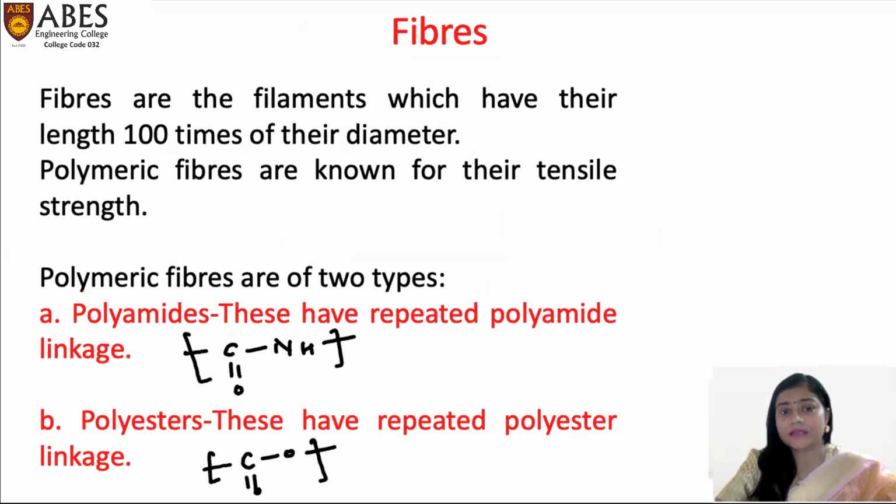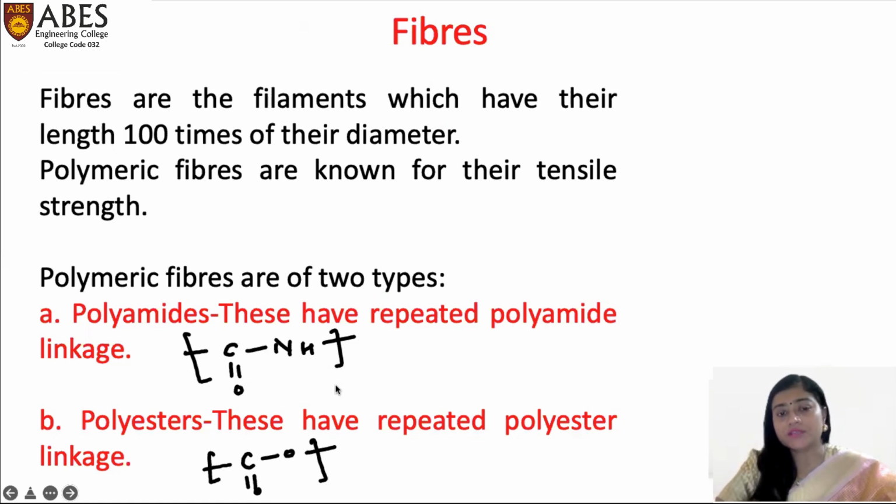Now we'll understand the categorization of polymeric fibers. All the fibers we study and know have been classified into two categories. First is polyamides, the polymers having fibrous structure and repeated polyamide linkage. You can see this functional group, C double bond O NH. This is known as amide linkage.